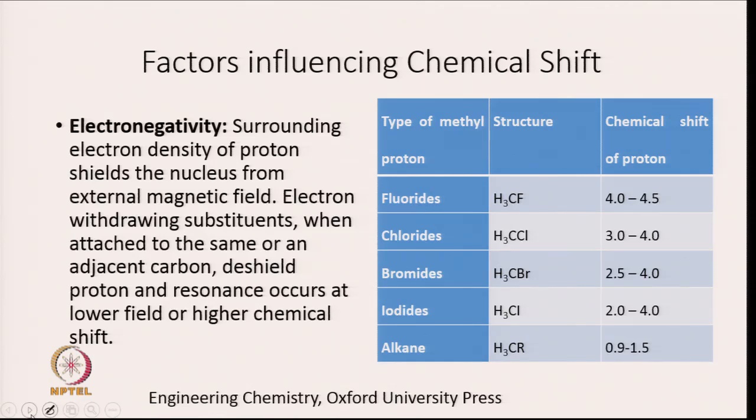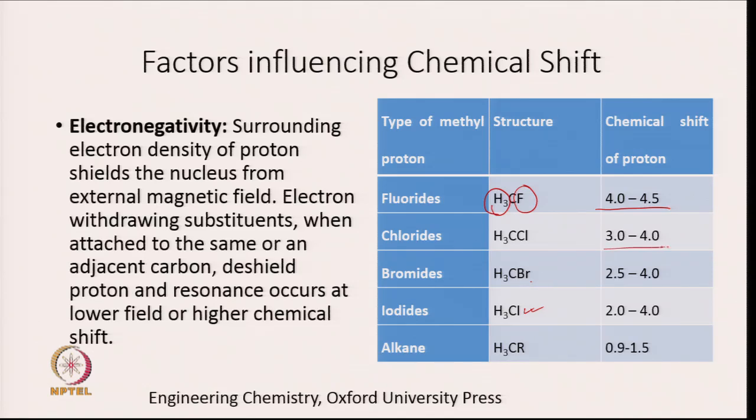So, you see here this is F, this is Cl, Br, this is I: CH3I, CH3R. When electronegativity increases, it withdraws electron from carbon and de-shields the hydrogen, and the chemical shift is at a higher value or lower field.